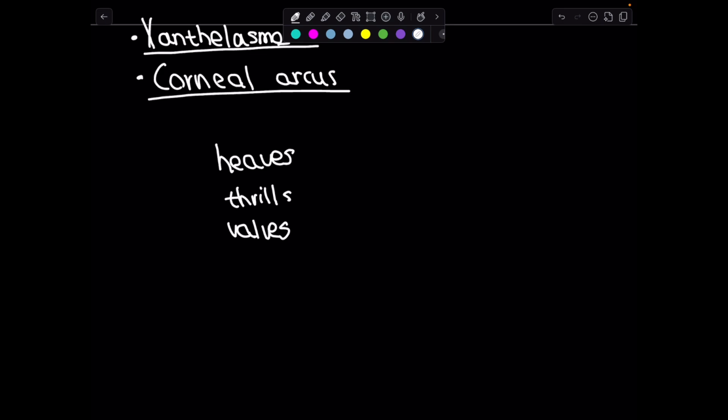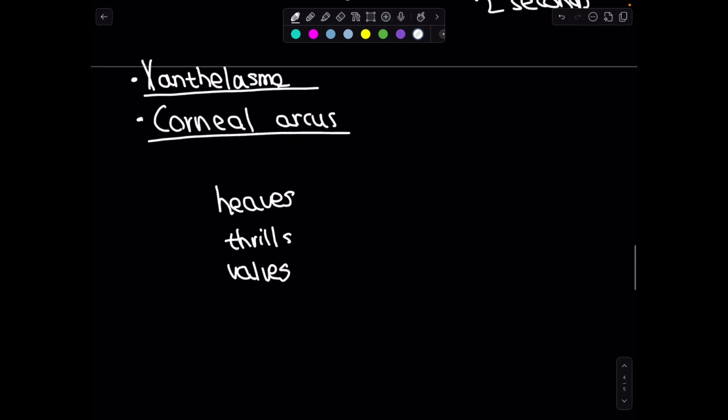Heaves, feel with heel of hand, left parasternal, third to fifth intercostal, for a forceful lift, right ventricle overload. Thrills, press heel, aortic, right second intercostal, pulmonic, left second intercostal, tricuspid, left lower sternum, mitral, left fifth intercostal, midclavicular.